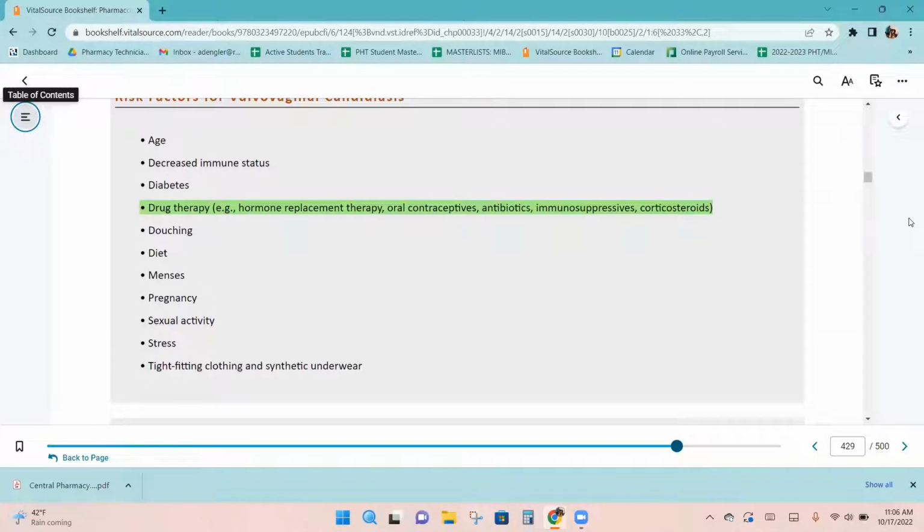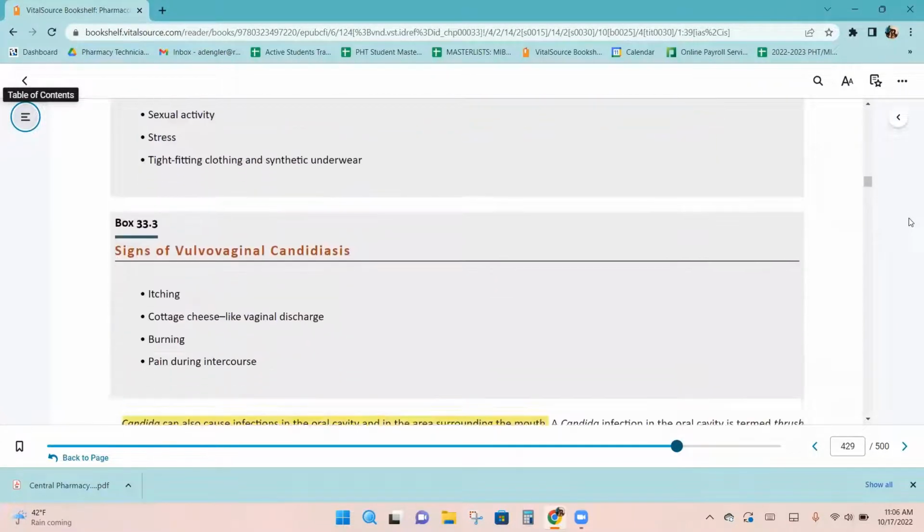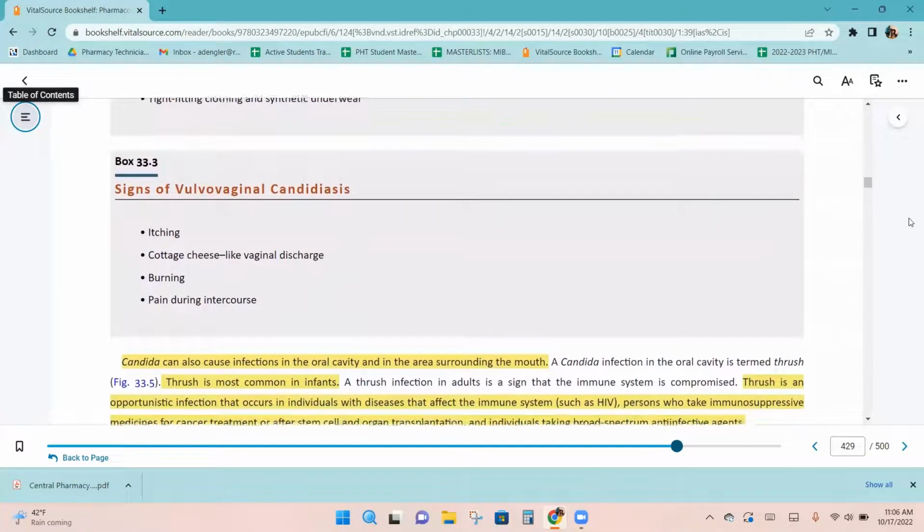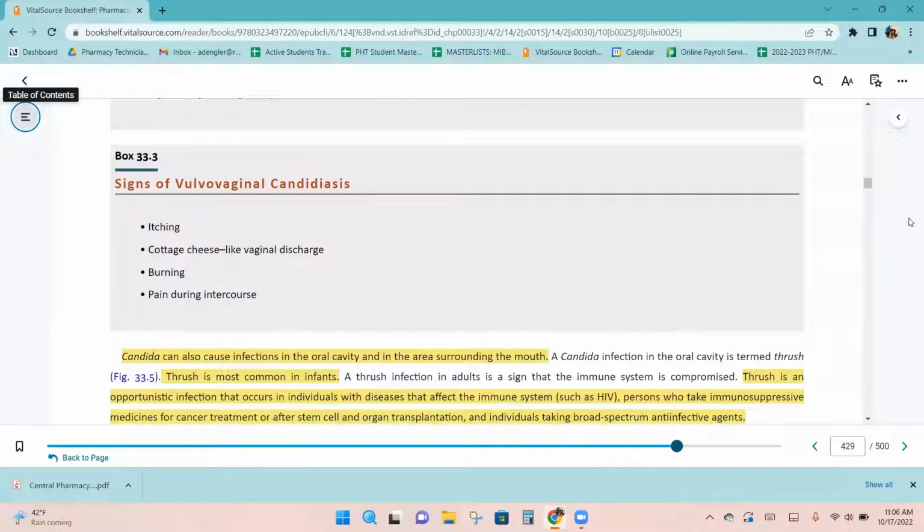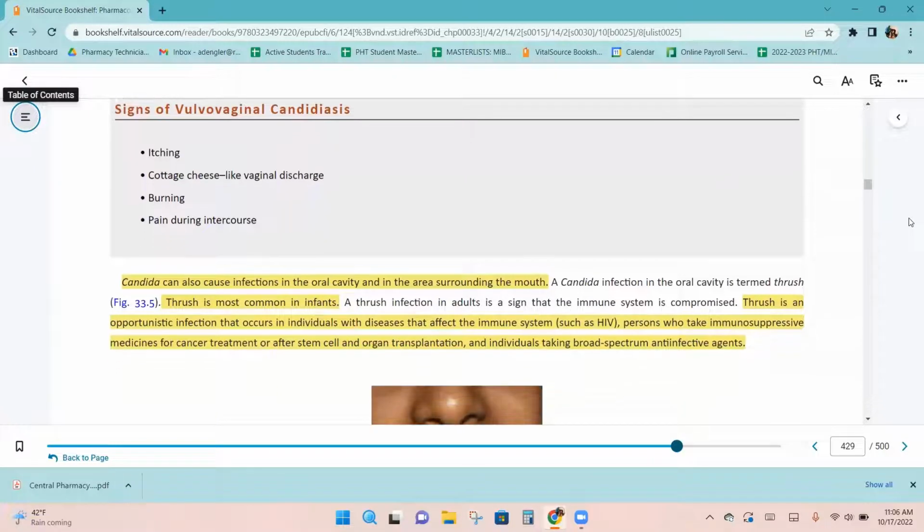Douching, diet, menses, pregnancy, sexual activity, stress, and tight-fitting clothing and synthetic underwear. Signs of vulvovaginal candidiasis are itching, cottage cheese-like vaginal discharge, burning, and pain during intercourse.